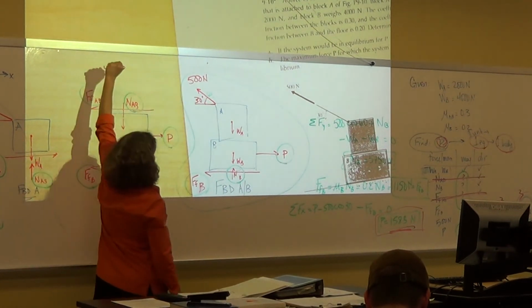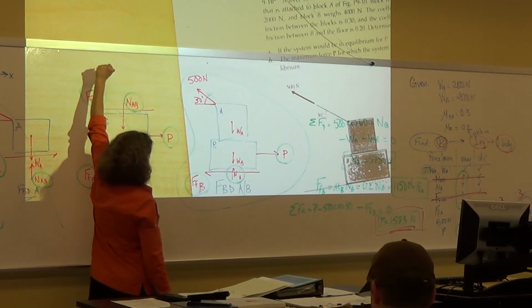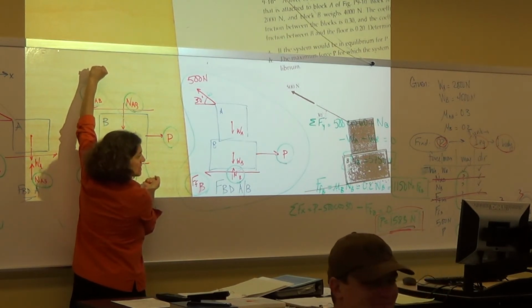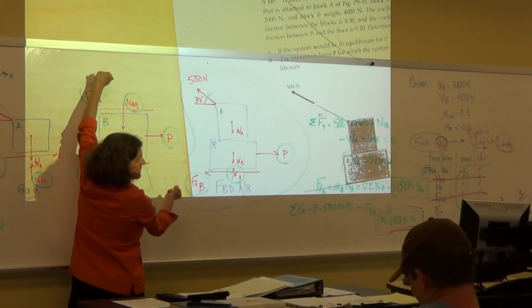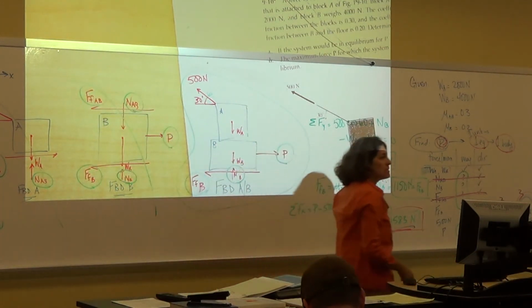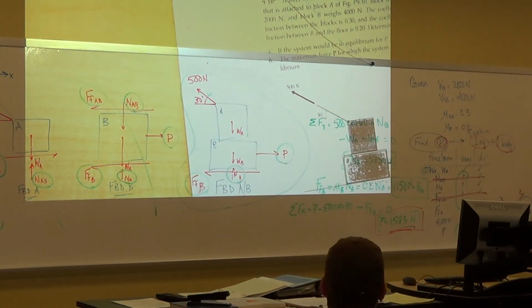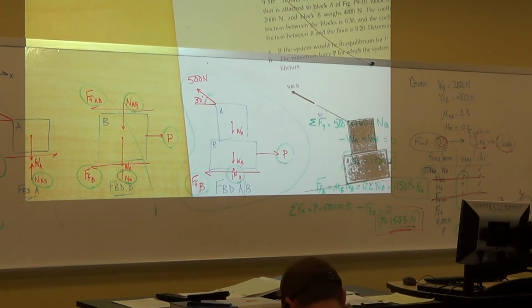So there's a 500 Newton force up here, and the frictional force is here, and that P has to overcome both X components of that to be able to pull the blocks. We can talk about it after class. I'm going to go on to the next problem.